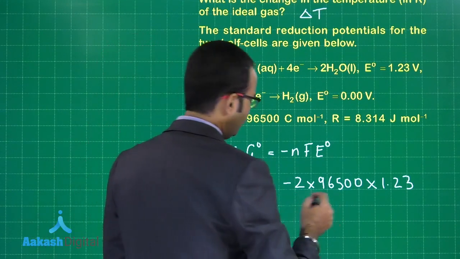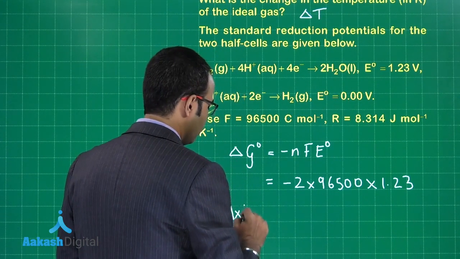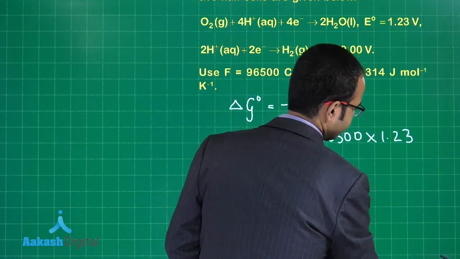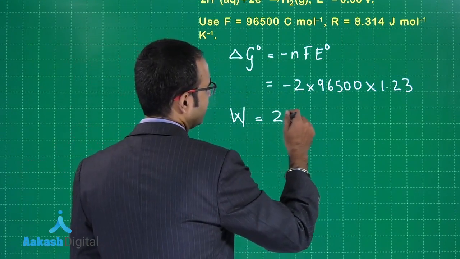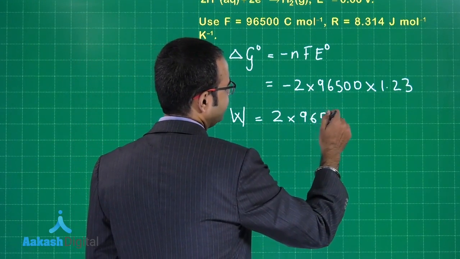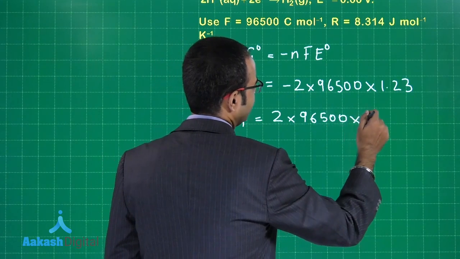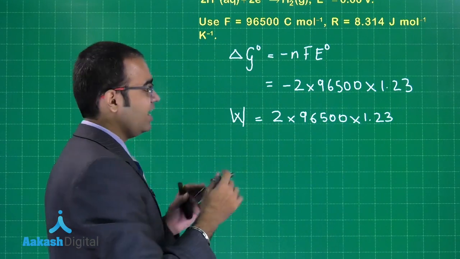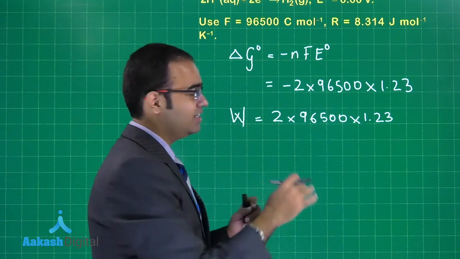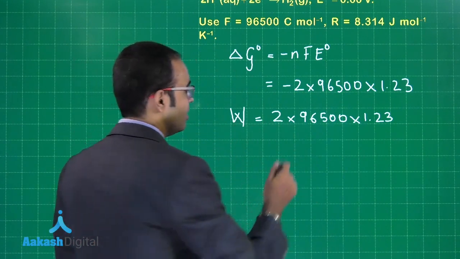So work done will be equal to 2 into 96,500 into 1.23. This is for 1 mole, guys. And if the cell is 100% efficient, this is the value, right?